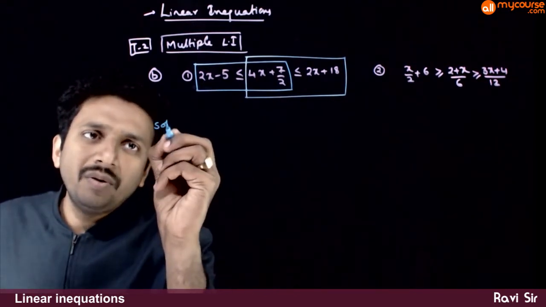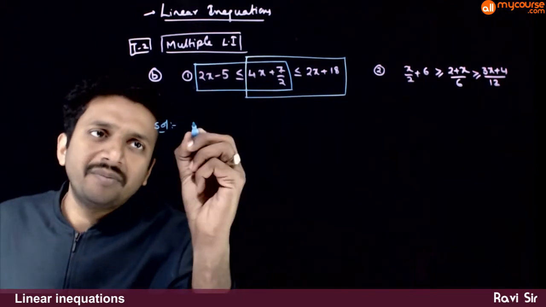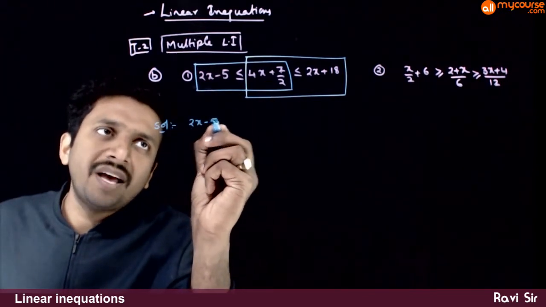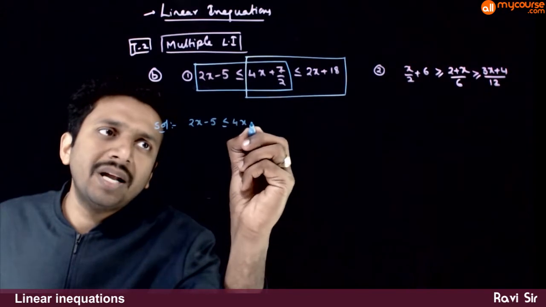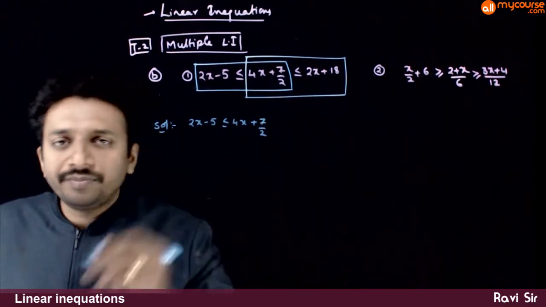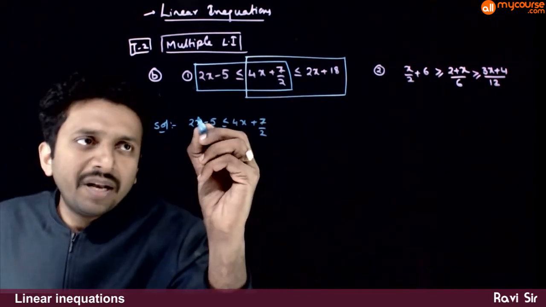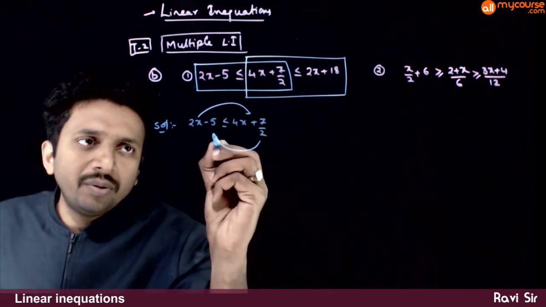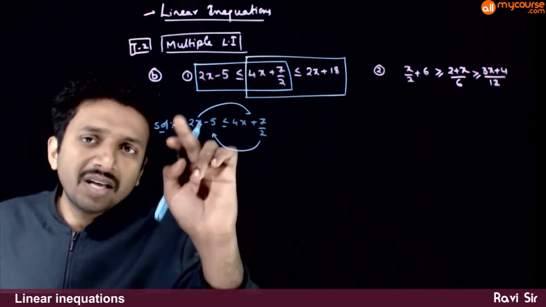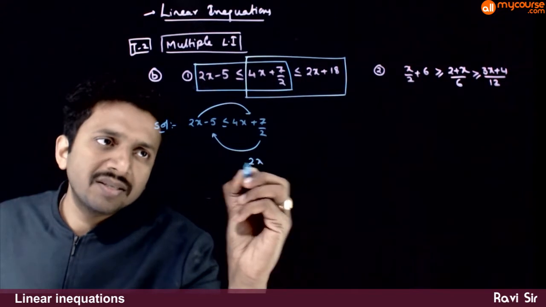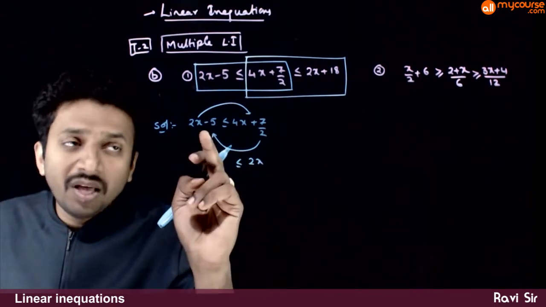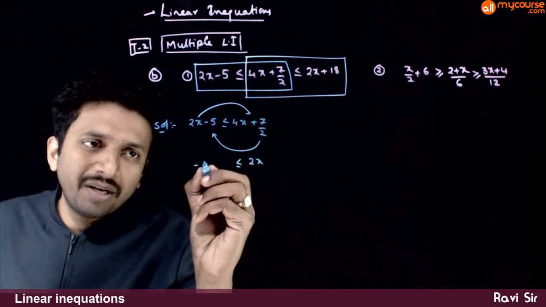So to do that, first let us take this part. 2x minus 5 is less than or equal to 4x plus 7 by 2. So I'll bring 2x onto this side and 7 by 2 here. So 4x minus 2x is 2x is greater than or equal to minus 5 minus 7 by 2.